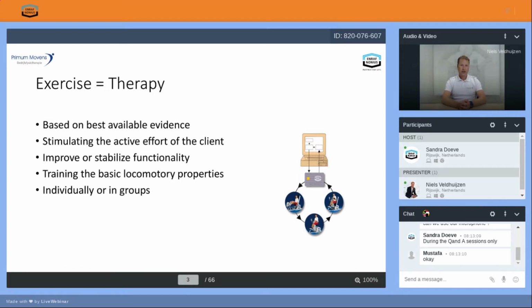When you talk about exercise therapy, you should realize that from a physiotherapeutic point of view, you are focusing on the basic locomotory properties. I will explain those later. You probably know them. And there's another thing that should be realized here. You can use exercise therapy in an individual, one-on-one situation with a patient, or with groups.